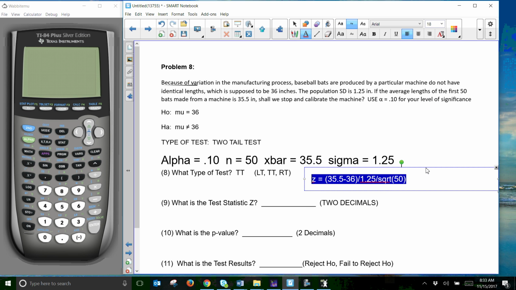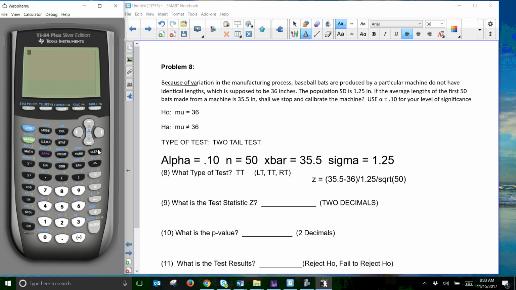All right, here we go. So if I put it in my calculator, I like to do 1.25 divided by the square root of 50.